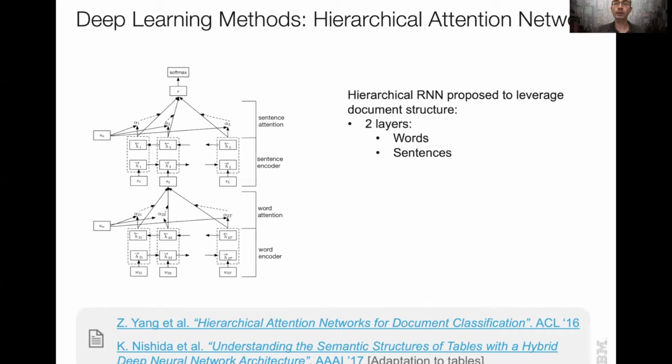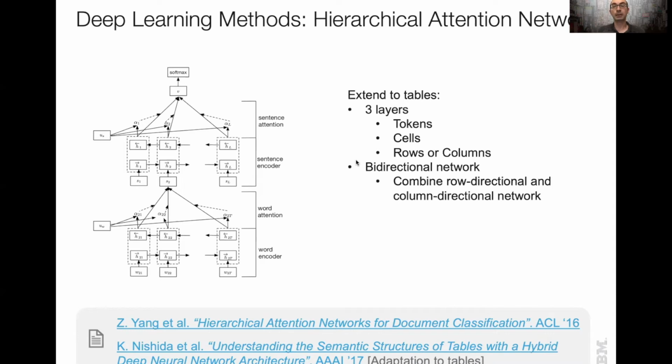The main idea is that documents are hierarchical in nature, since they are composed of sentences, which in turn are composed of words. Therefore, the hierarchical attention network simulates this structure and has two layers. The first one attends to words, and the second one attends to sentences.